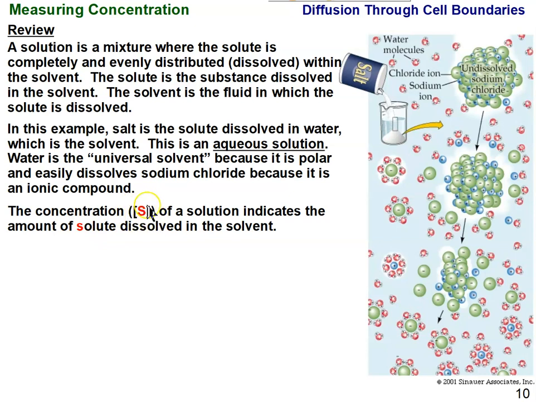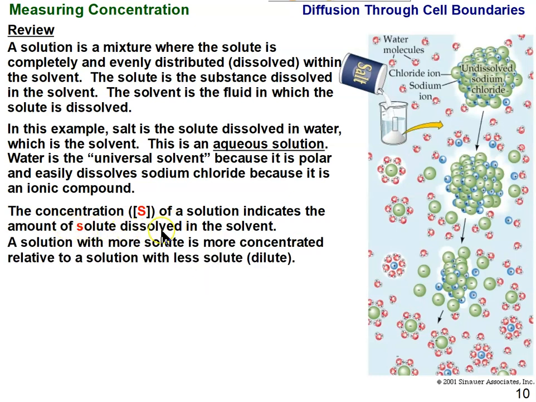Wherever you see a bracket around something, it's the concentration of whatever is inside the bracket. So it's the amount of solute dissolved in the solvent. That's concentration. So if you put more salt in water, that's a higher concentration of salt, a higher concentration salt solution. If there's less salt dissolved in the water, it's a lower concentration salt solution.